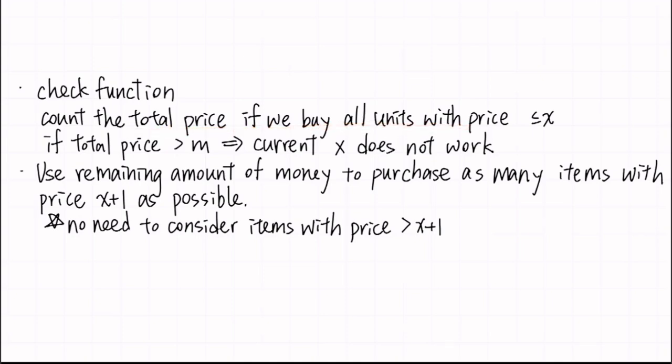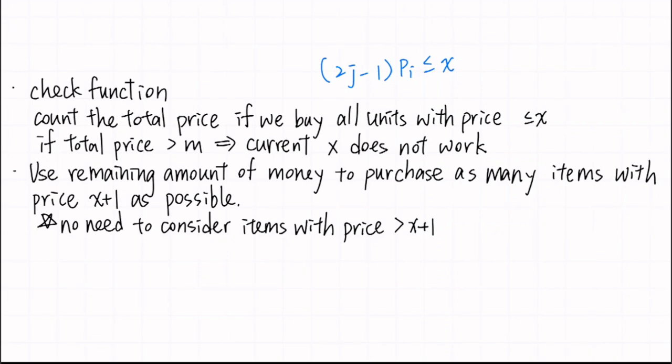We can add all of the units that have a price less than or equal to X. And so if a unit has a price of less than or equal to X, then this means that if we get j units of the current product, then 2j minus 1 times p_i, where i is the current product, needs to be less than or equal to X. And if we move everything over to the left side, then we will get 2j minus 1 is less than or equal to X divided by p_i.